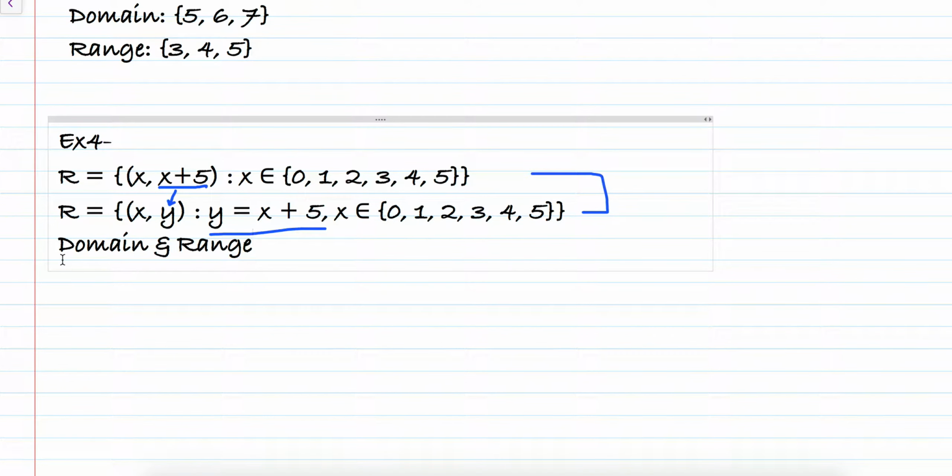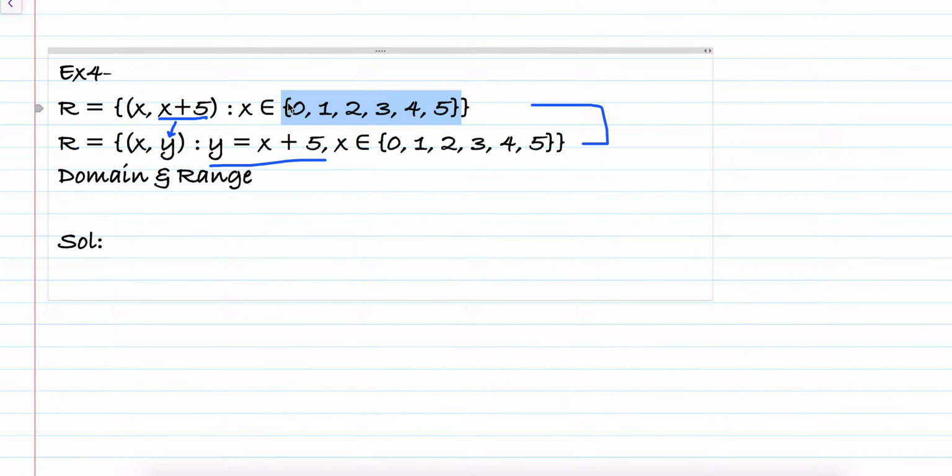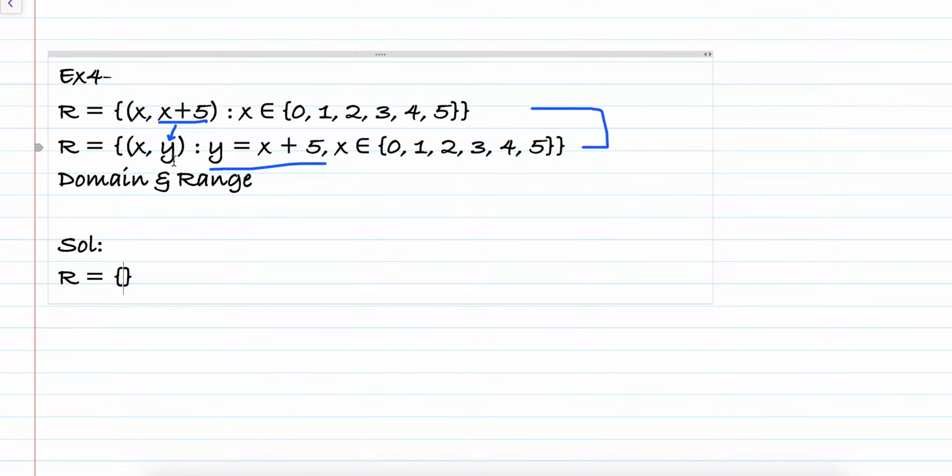So x is only, this is a small set. x can take either 0, 1, 2, 3, 4 or 5. So we can write R, and this second element is 5 more than this. So we don't even need to find this R, but for the sake of completeness I will write it.